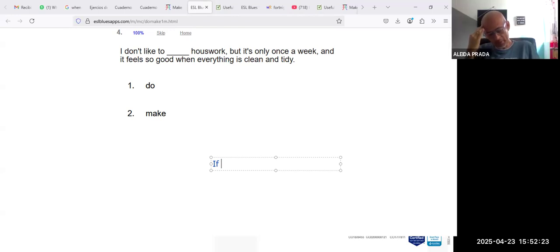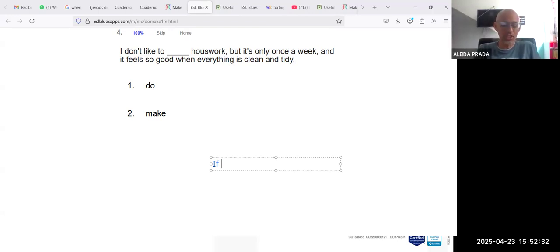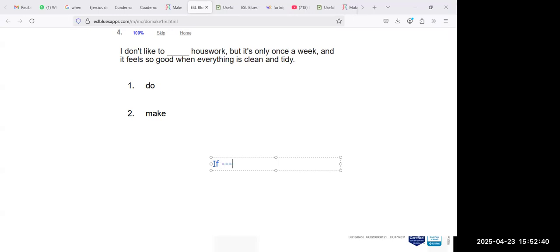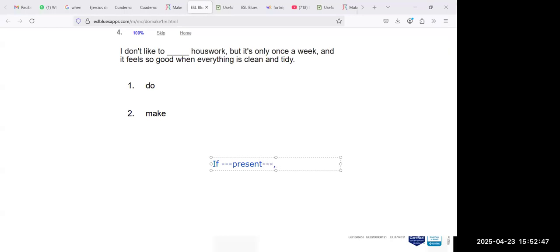The topic is difficult, and it's more difficult to teach that topic because you have to teach grammar and emphasize grammar, and she doesn't like that. For example, if the first sentence is in present, the second one is in future.